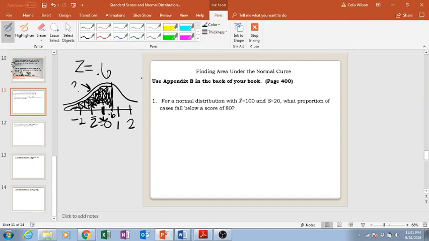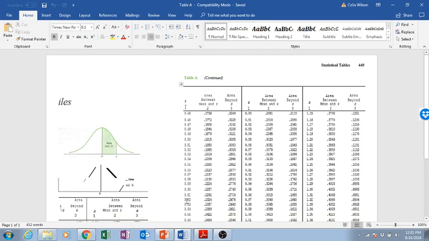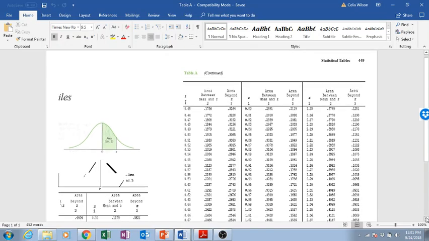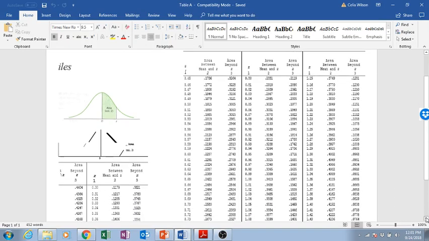Now I have a copy of one of those tables, but it's a little bit different. But let me go ahead and pull it up because I want to make sure. So you see it's similar, but slightly different. But I can find a z of 0.6 right here. Okay, there's my z of 0.6.